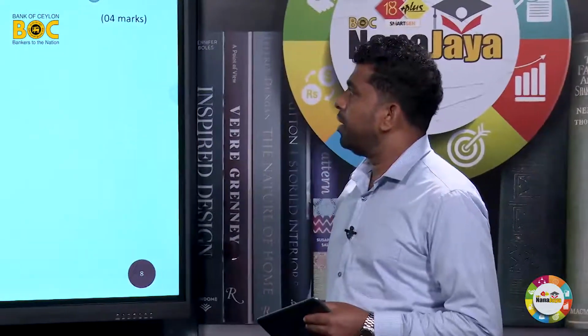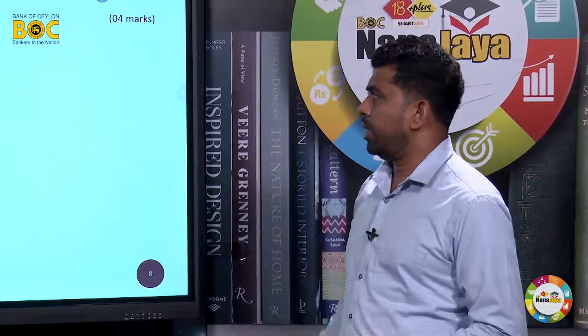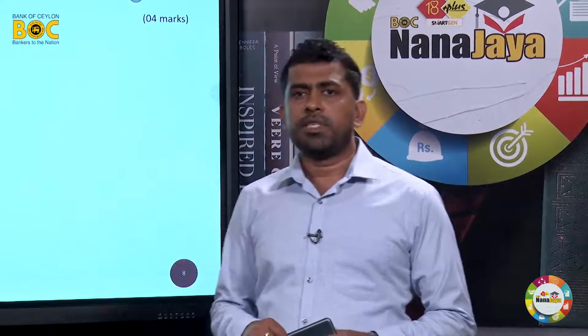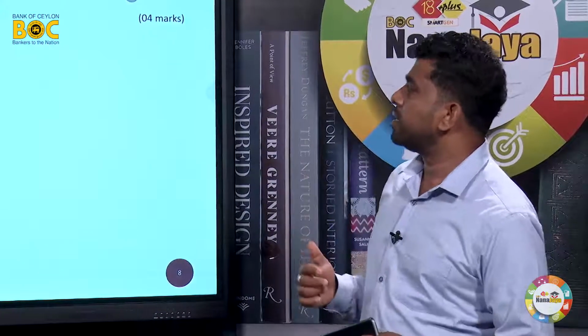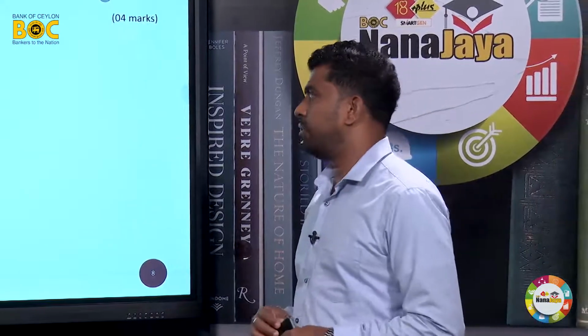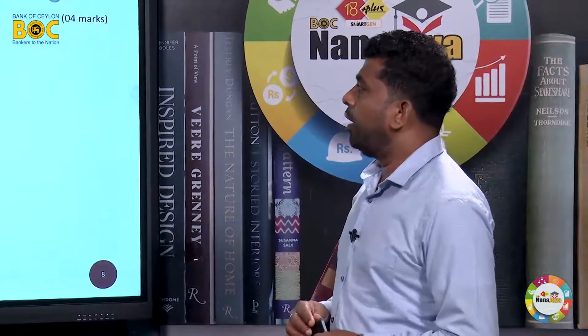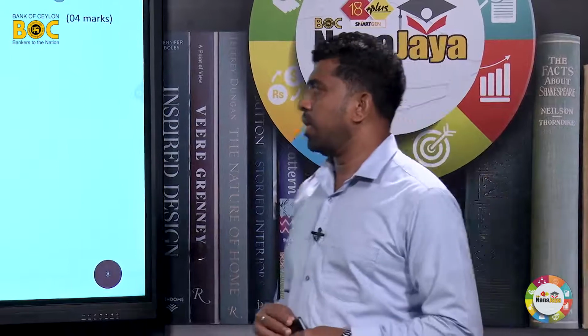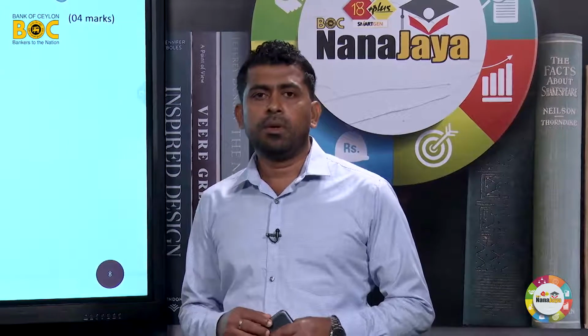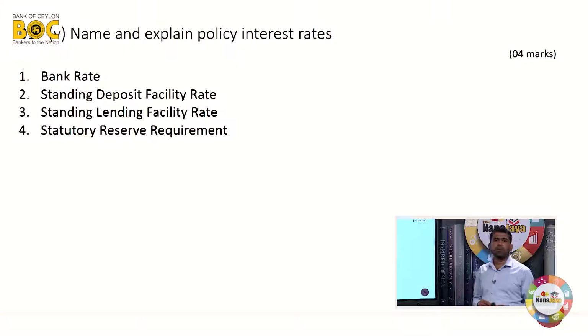Right, let's move on to the next question. Name and explain policy interest rates. There are four policy interest rates. First one is bank rate, second one is standing deposit facility rate, third one is standing lending facility rate, fourth one is statutory reserve rate or statutory reserve requirement.